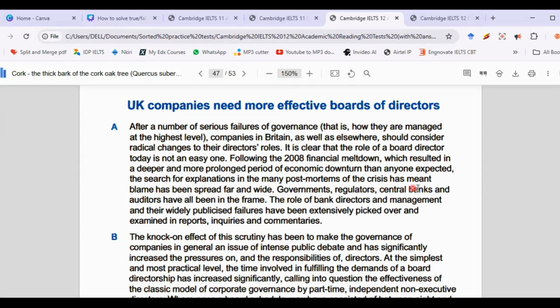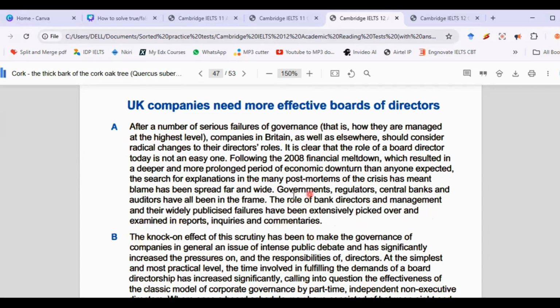Governments, regulators, central banks, and auditors have all been in the frame. Have all been where? In the frame. The role of bank directors and management and their widely publicized failures have been excessively picked over and examined in reports, inquiries, and commentaries.